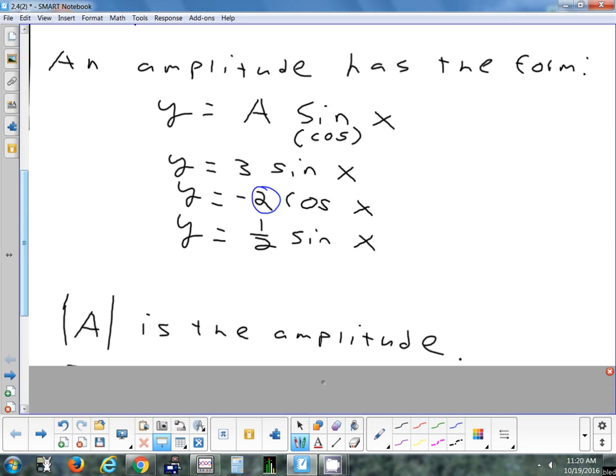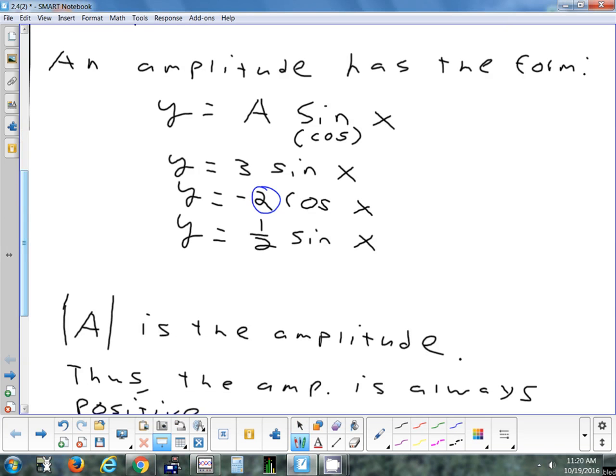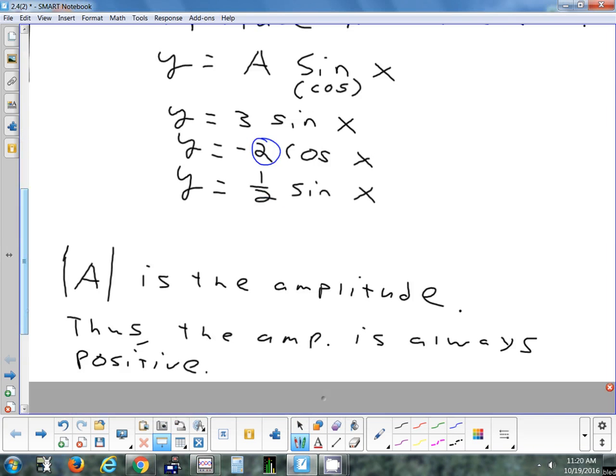That's why if I ask you for what the amplitude is, you always take the absolute value of the number in front. So if I ask you for the amplitude, the negative does not matter. If I ask you to sketch it, the negative does matter.